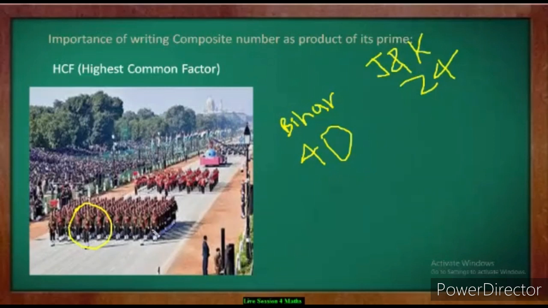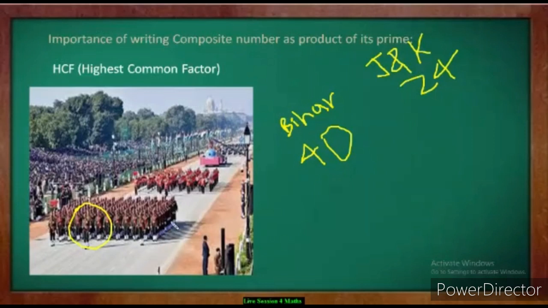It's a primary objective. So here we have to arrange the soldiers in such a way that we can make the maximum number of rows, or let us take that we have to create the maximum number of people in one row.